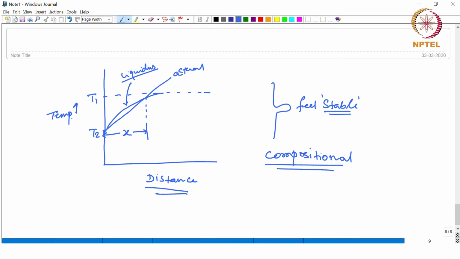The supercooling which is being achieved here, that means the temperature of the liquid being lower than the liquidus, is achieved due to the composition variation as a function of distance from the solid liquid interface, and that is why this kind of supercooling is known as constitutional supercooling.